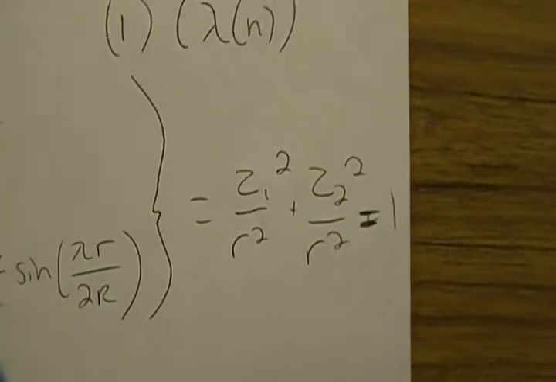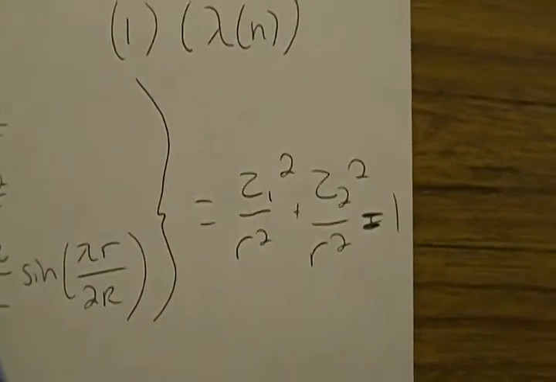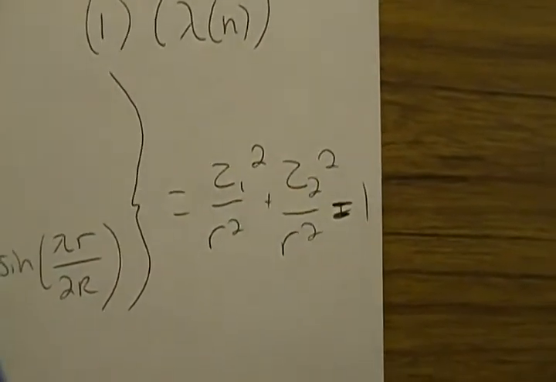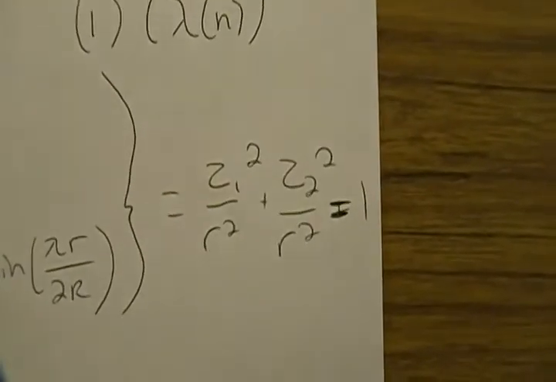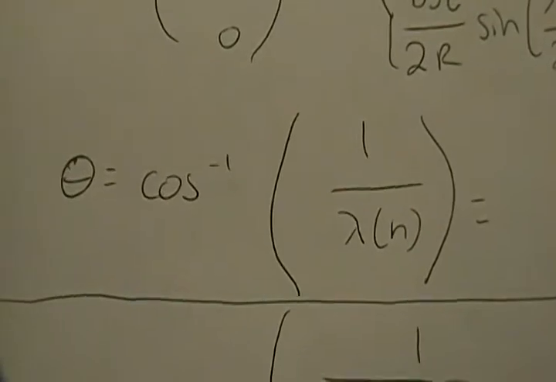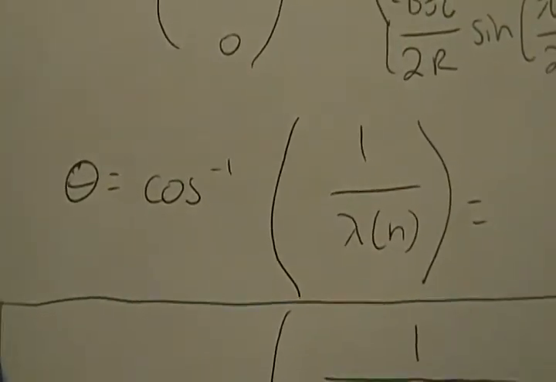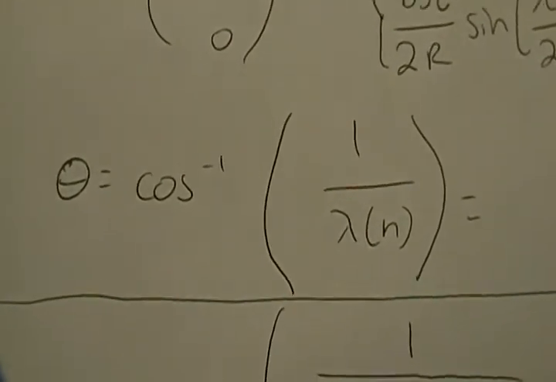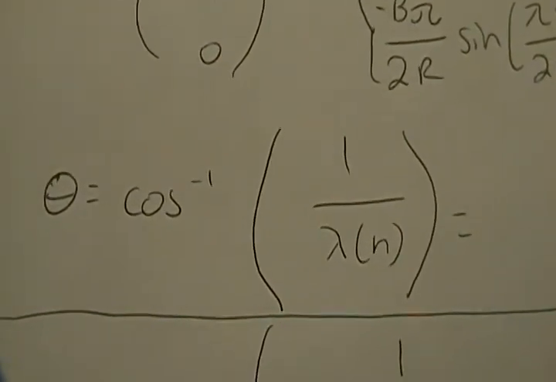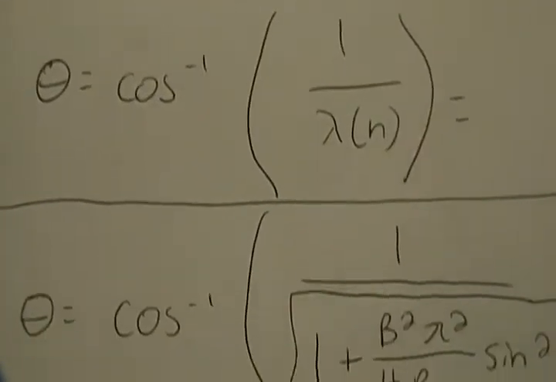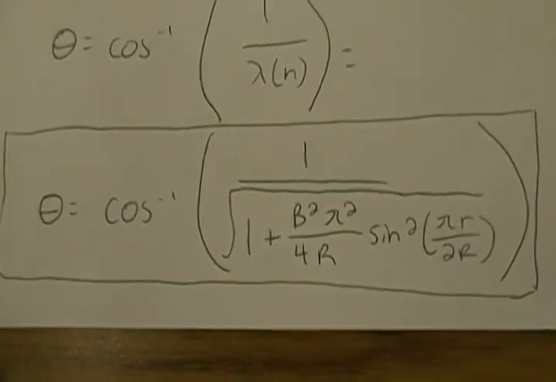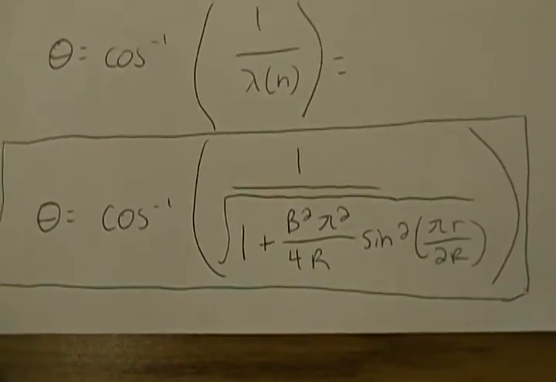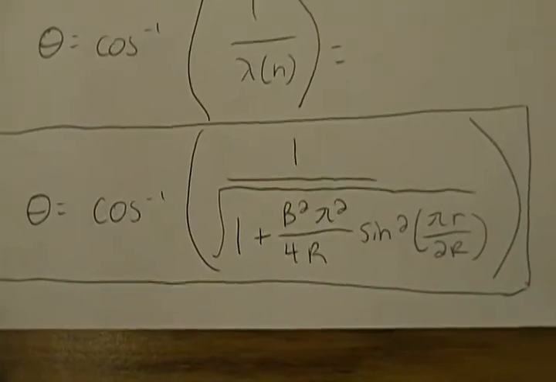This is equal to zeta 1 squared over r squared plus zeta 2 squared over r squared, which can be simplified to 1. Substituting this back into our equation, we have theta is equal to the inverse cosine of 1 over the stretch in the radial direction. This is then equal to the slope that can be seen here.